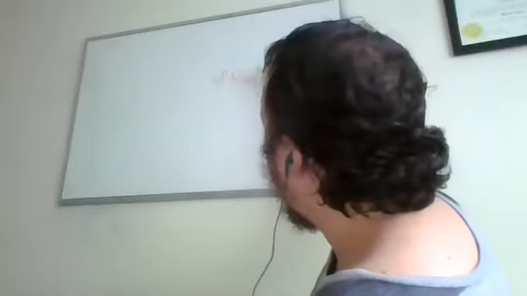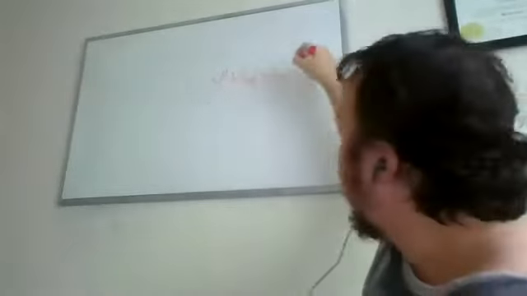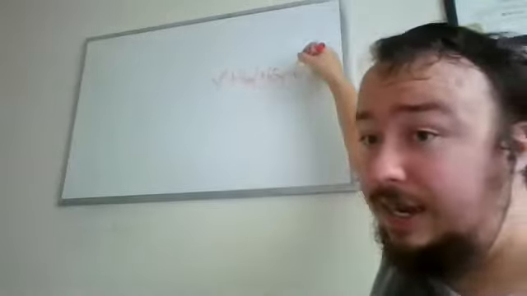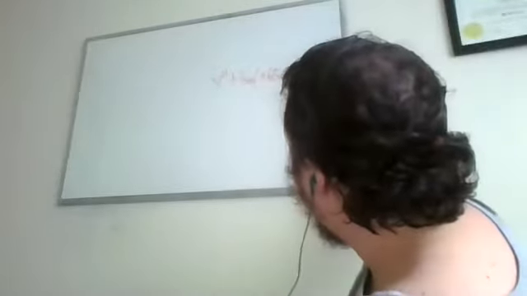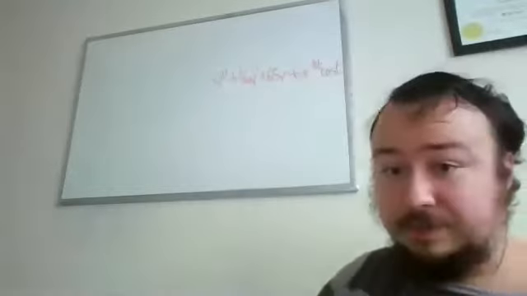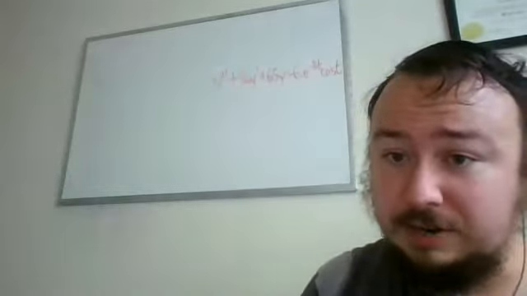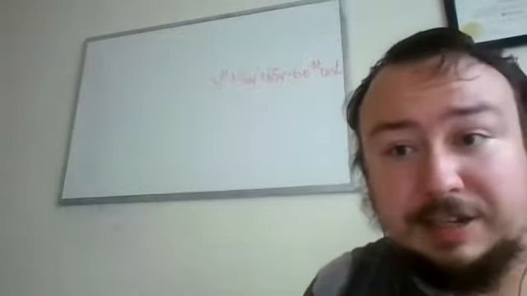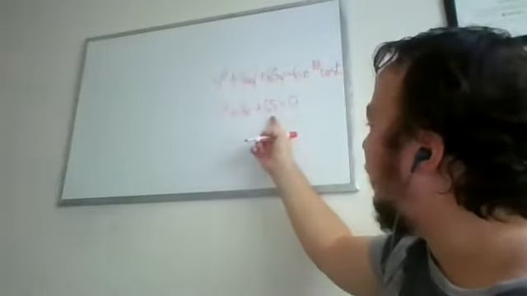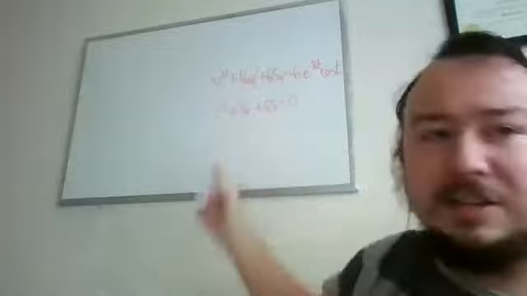For this one, we have y double prime plus 16y prime plus 65y is going to be 6e to the negative 8t cosine of t. All right, and we want to figure out what the solution to that is. So let's look at the homogeneous solution here, and I think we'll see why this one's going to be a little bit nasty. I'm pretty confident that this one doesn't factor nicely, so we need to use the quadratic formula here.